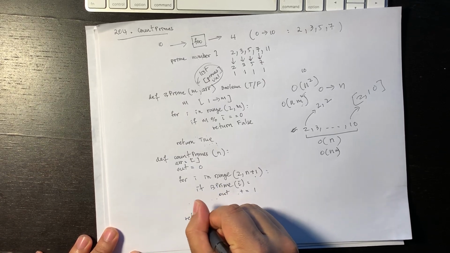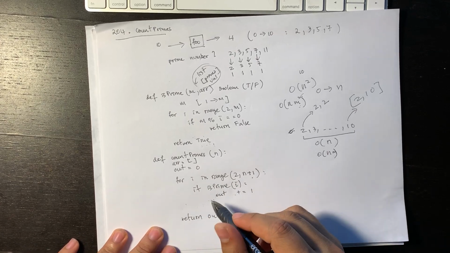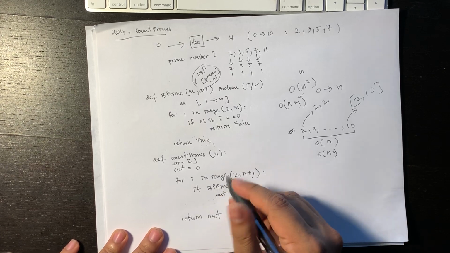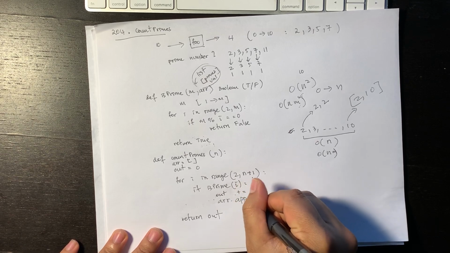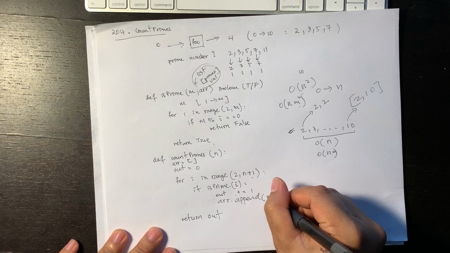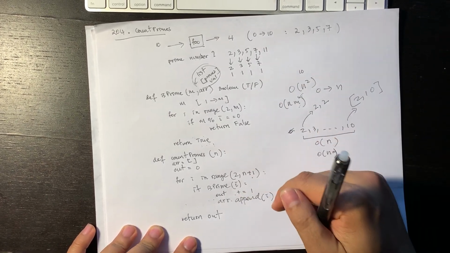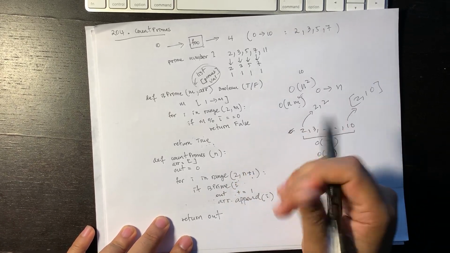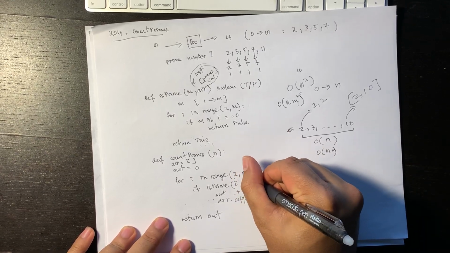We want to return out, and if we figure out that a number is prime, we want to append it to the array. When we call is_prime, we also want to include the array.